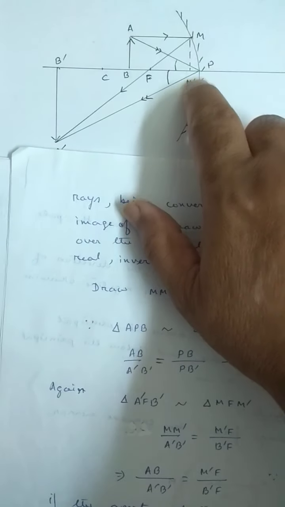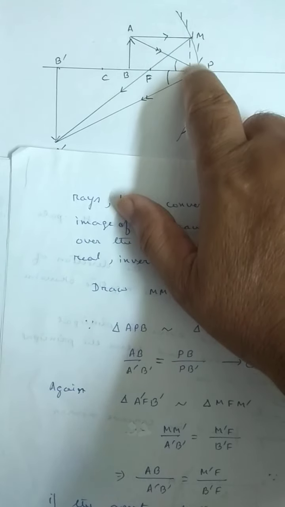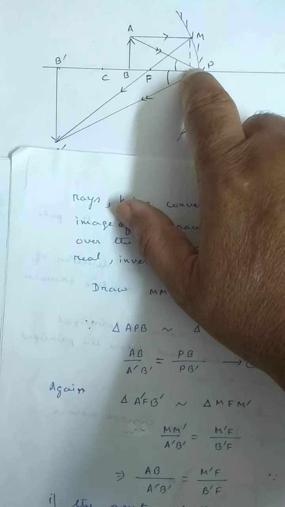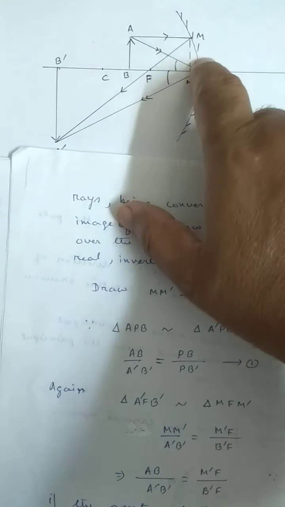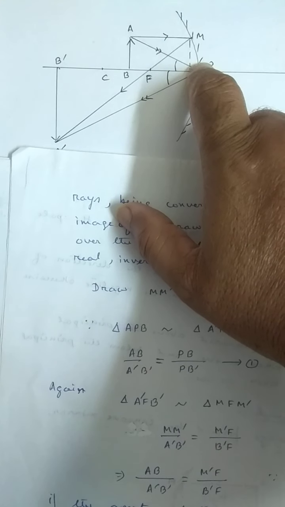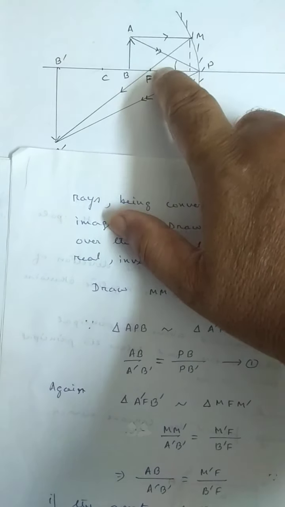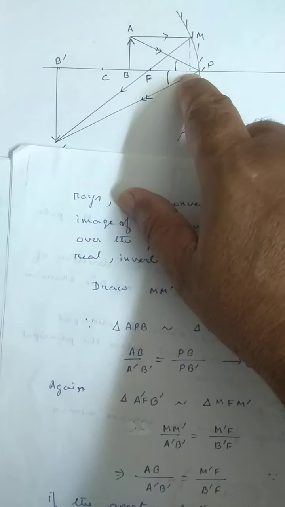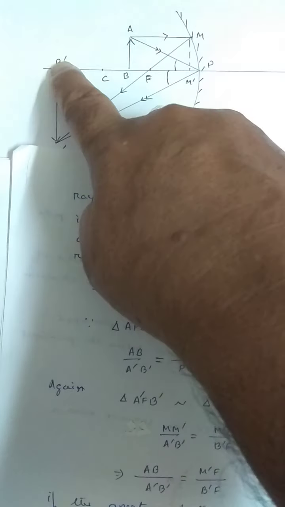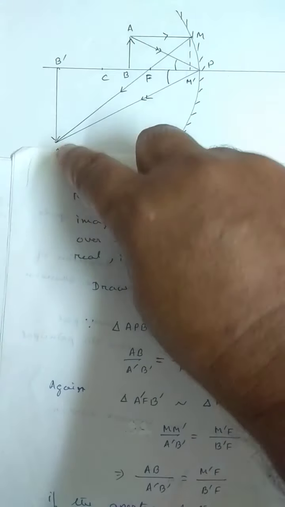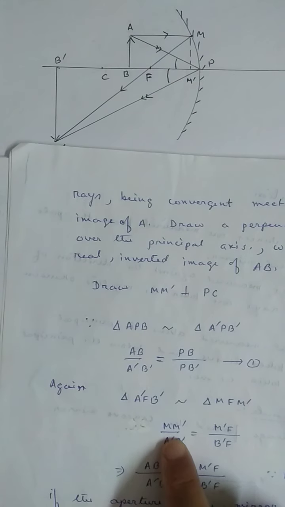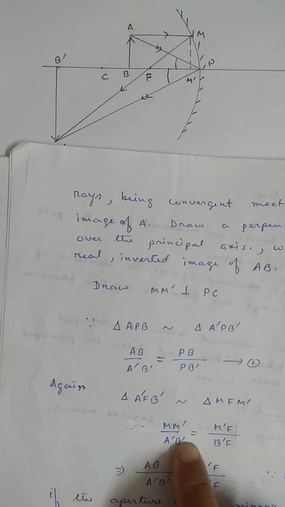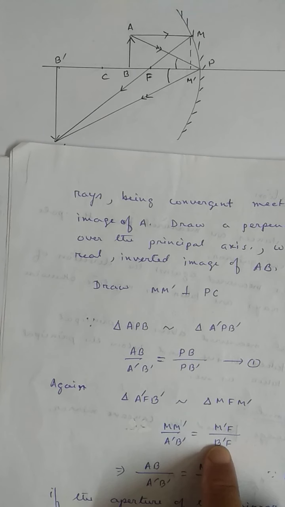What is MM'? I draw it as a dotted line. This MM' and AB have equal size, equal height, because this line is parallel to this. So since MFM' and A'FB' are similar, MM' by A'B' is equal to FM' by FB'.